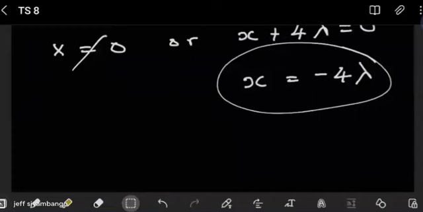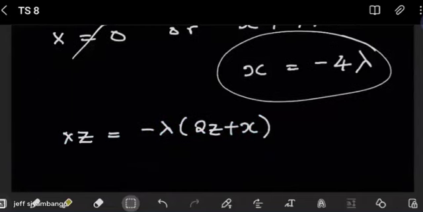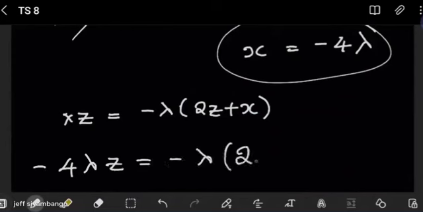So we'll plug in x into equation 2, and what do we see? So into equation 2, when we plug in x, what we're going to have is minus 4 lambda z equals minus lambda, and then this is going to be 2z, and then this is going to be minus here, and then we'll have 4 lambda.